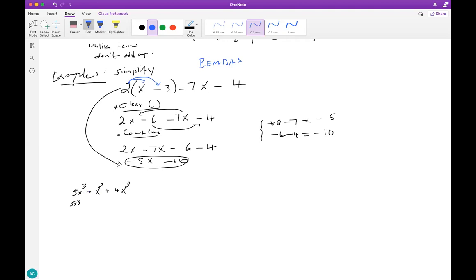It's 1. That's right. It's invisible. When you see a negative in front of something, as we said earlier, think of it as a negative 1. When you combine these two, we're basically combining their coefficients. So the coefficient here is negative 1. The coefficient here is positive 4. What's negative 1 plus 4?